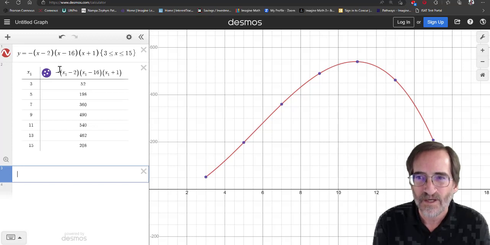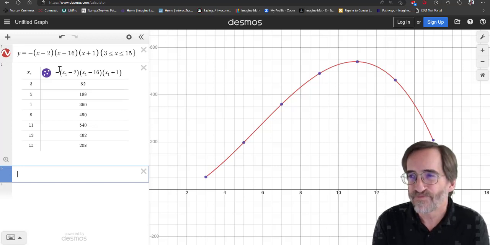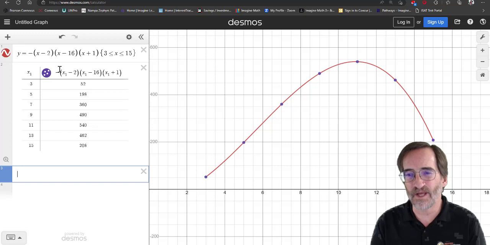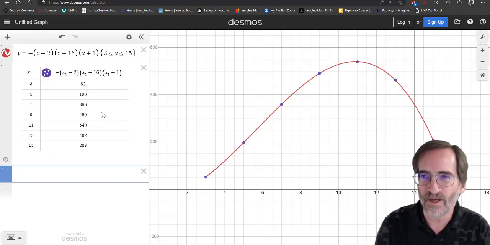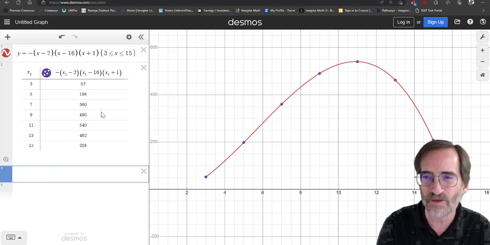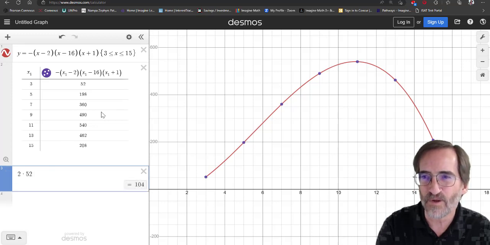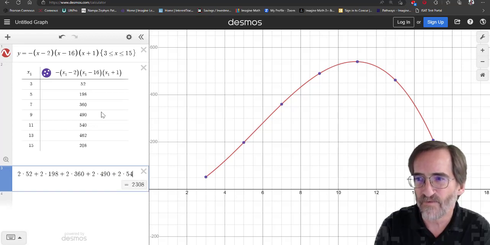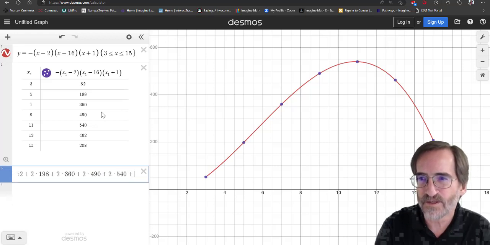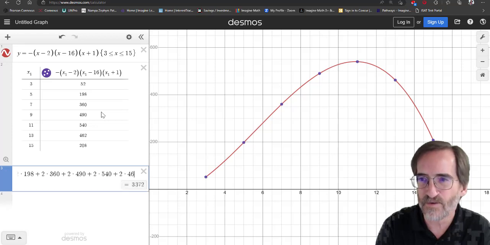So that's 7 slices. If we were to use the LRAM method, I would take the first rectangle and use its height and width. So I would do 2 times 52 plus 2 times 198 plus 2 times 360 plus 2 times 490 plus 2 times 540 plus 2 times 462.